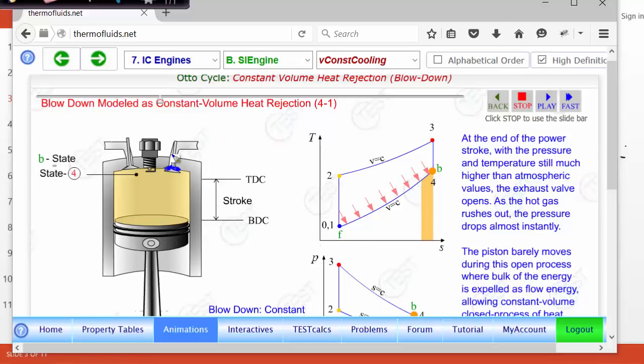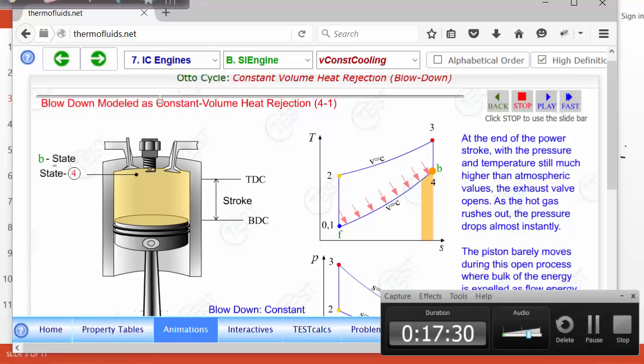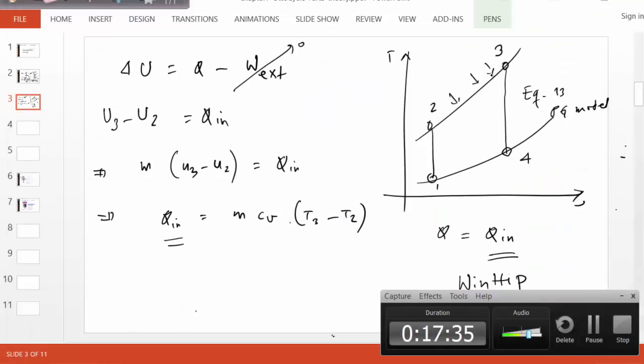Instead of hot air escaping suddenly through a puff, we assume that suddenly the heat is lost. So from 4 to 1, the volume didn't change. Instantly heat has been rejected, so we come back to state 1. That can again be modeled like a heat rejection process, just like we did for the heat addition process, Q in, and an energy analysis will produce the result.